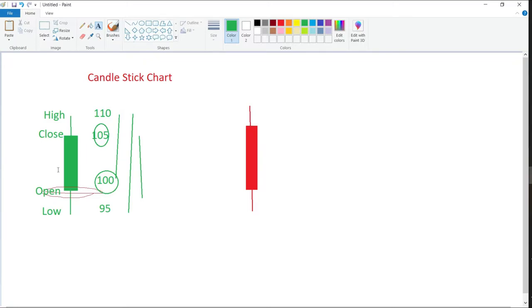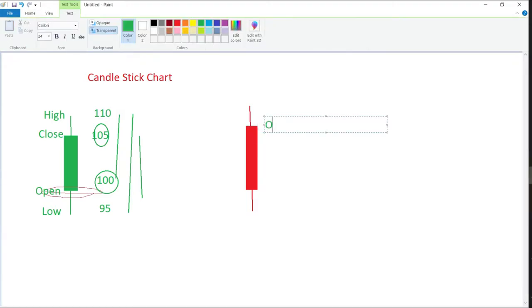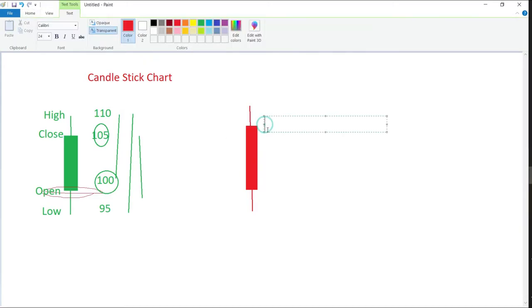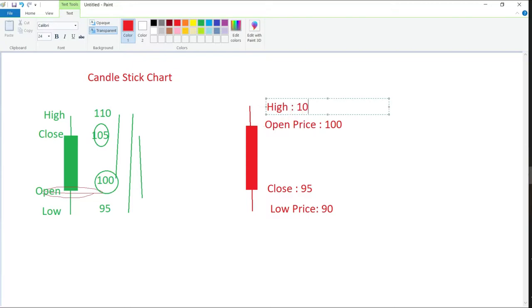When the close is on the higher side from the open, it forms a green candle. So this is a bullish candle, and this is a bearish candle. Similarly, for a red candle, the open is always at the top. So this we consider as an open price, maybe 100, and this is a close price, maybe 95, and this is a low which it made around 90. The high it made during the day was maybe 105.